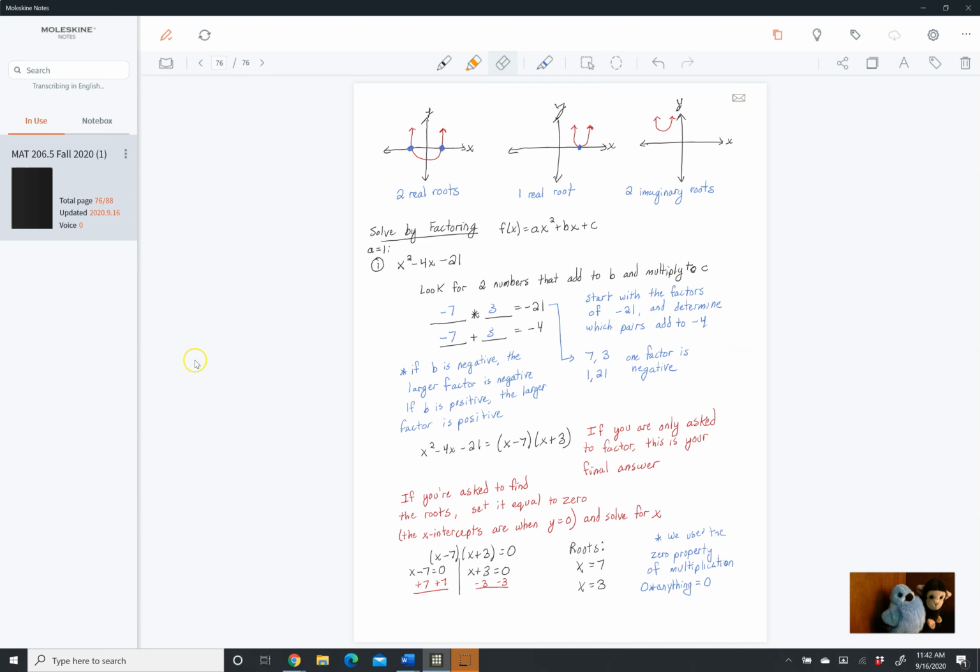That's what we use in order to solve. Okay, so we get our roots. x equals 7 and x equals negative 3. This is our final answer then.